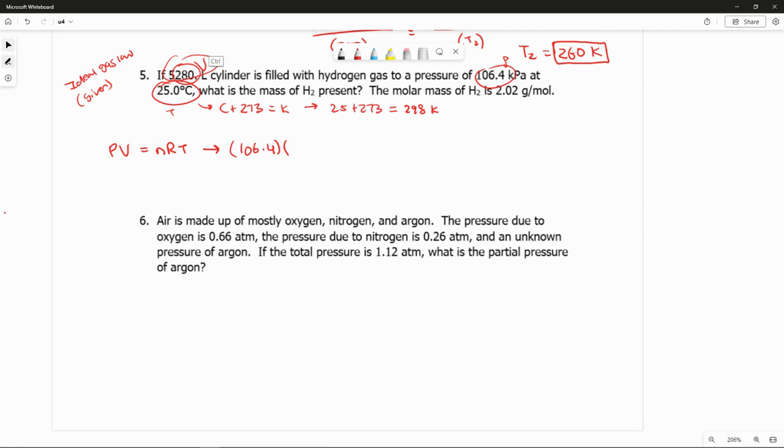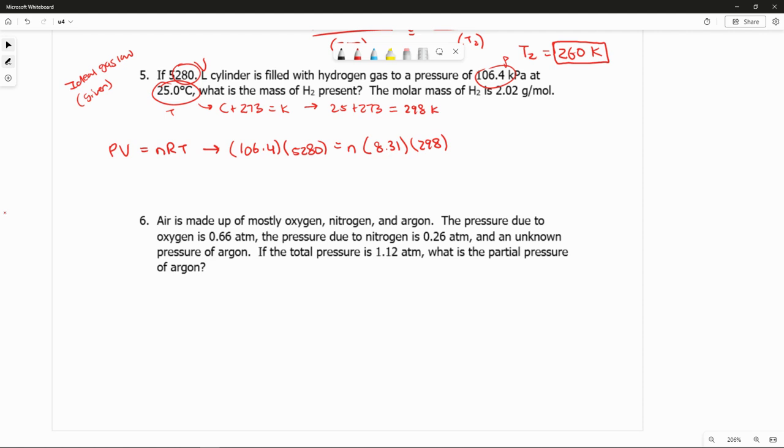Volume, 5,280, equals n, which is moles. We have the R value, which is on the front of your study guide, which is 8.31, the gas law constant, and T, temperature, which is 298 Kelvin.